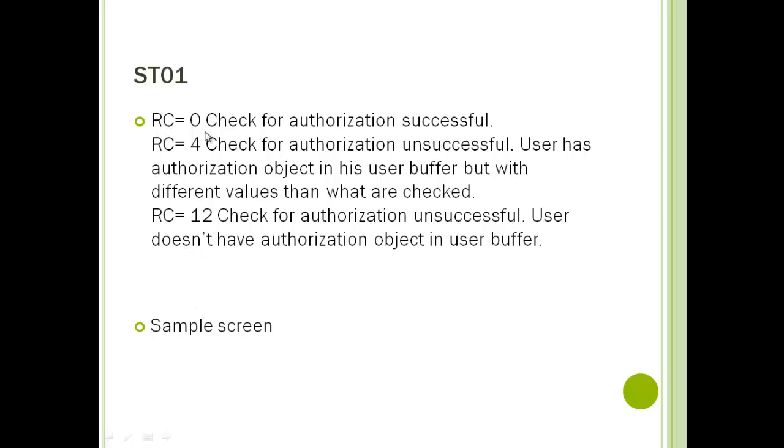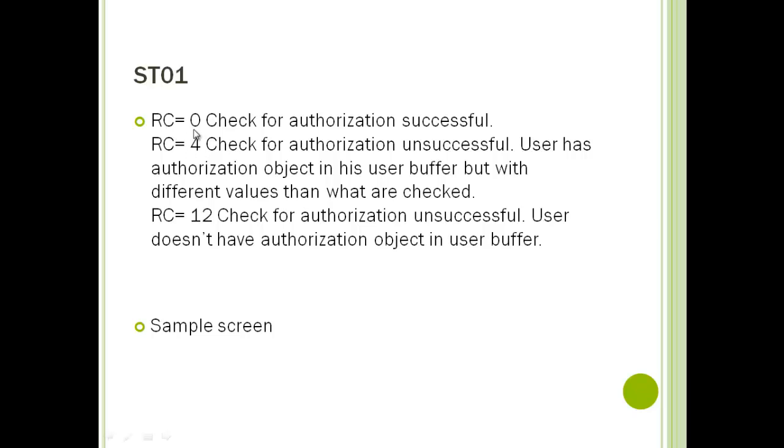RC means return code. Return code 0 means this authorization is successful. Return code 4 means this authorization is unsuccessful, they don't have this authorization, but the user has this object in the buffer, maybe with a different value. And return code 12 means it's also unsuccessful, the user does not have this authorization object in the buffer.